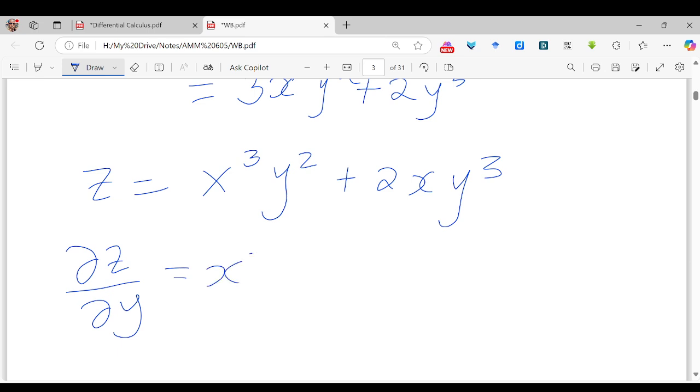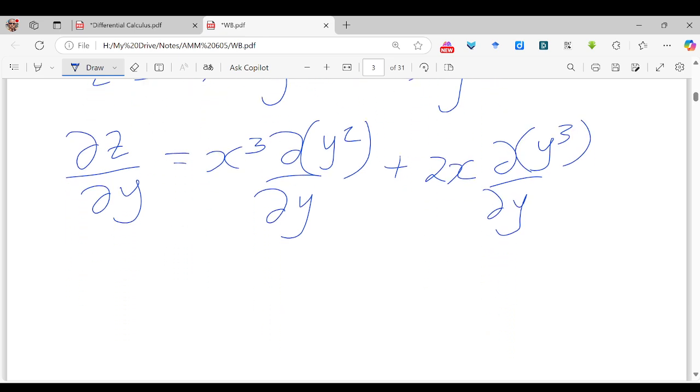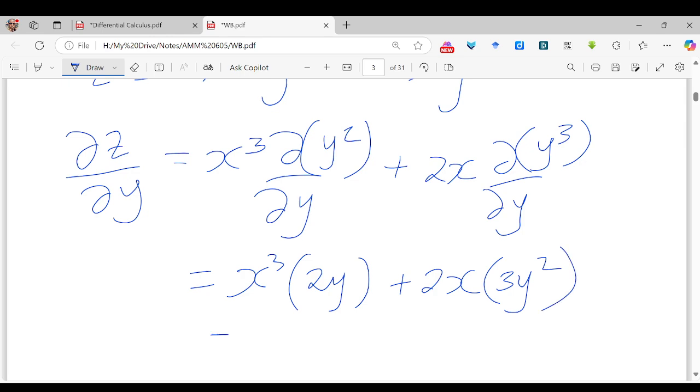So the first term we write x cubed, then the derivative of y squared with respect to y, and in the second term we write 2x, then the derivative with respect to y of y cubed. When we work this out, in the first term we get x cubed times 2y, and in the second term we have 2x multiplying 3y squared. So we get 2x cubed y plus 6xy squared, which is the first order partial derivative of z with respect to y.